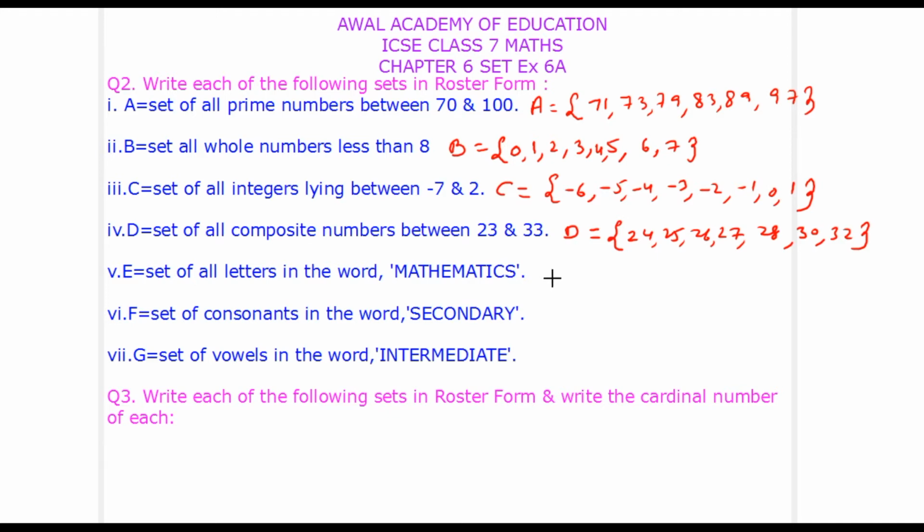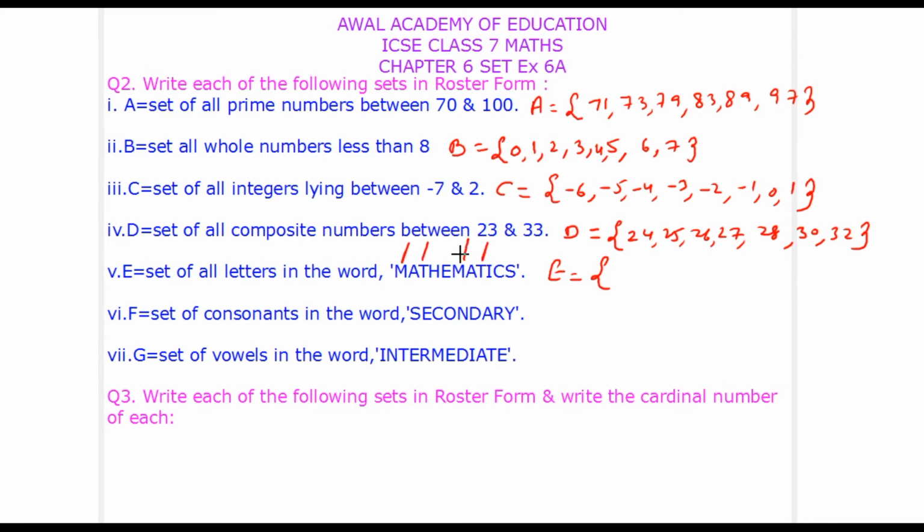E is a set of all letters in the word mathematics. The letters which are repeating, we will leave them. Which is repeating? T is repeating here. M is also repeating here.